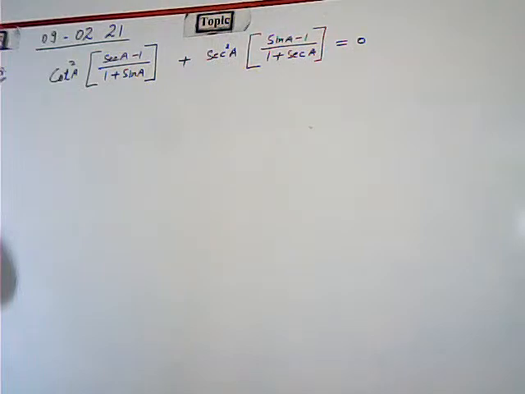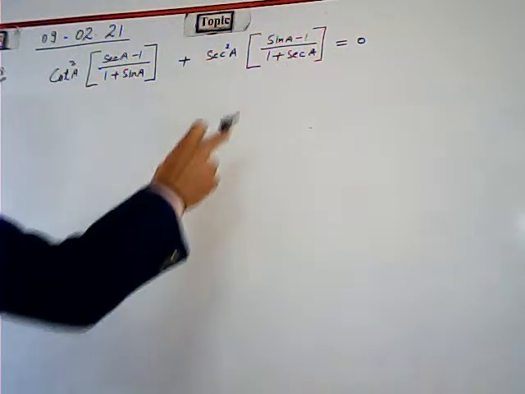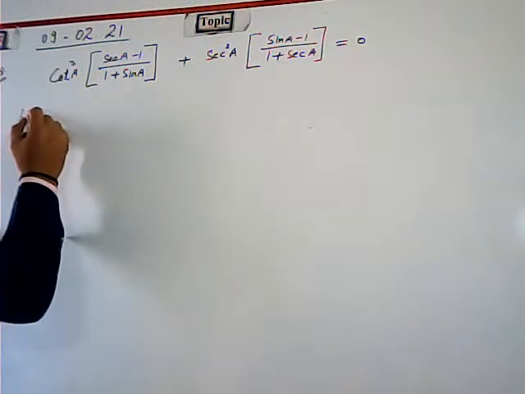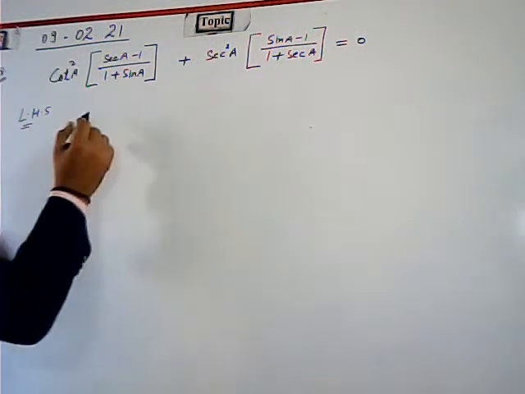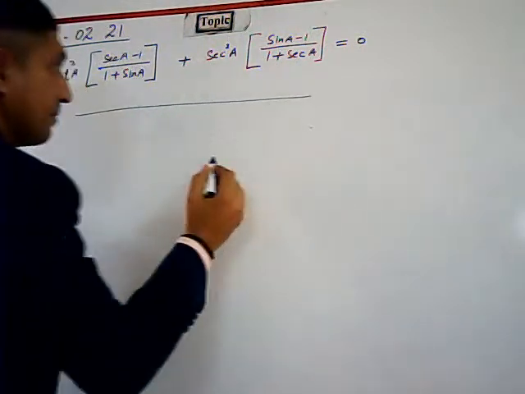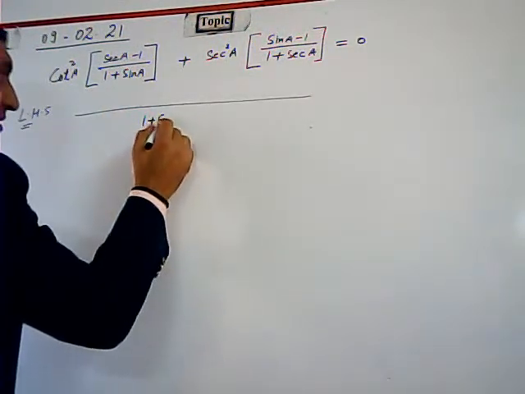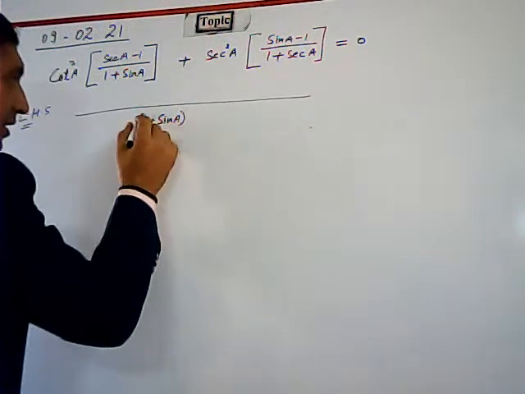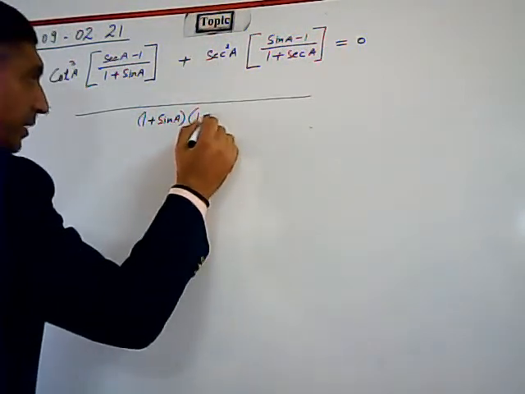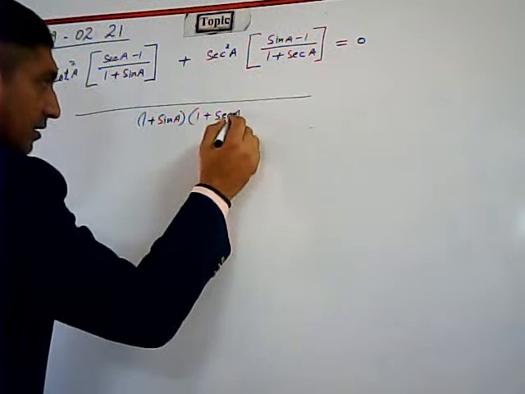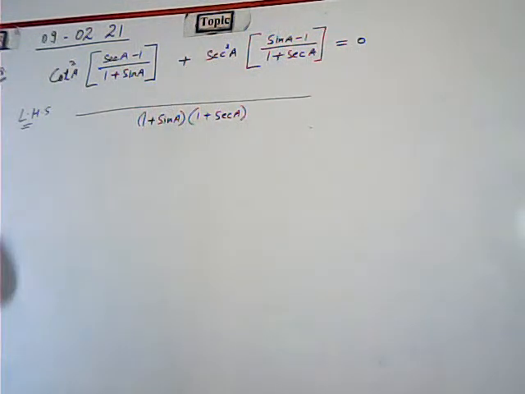Okay, so we can prove here, one is sine and one is secant. So taking the left hand side, what can we take? We can take the LCM. LCM here is 1 plus sine A into 1 plus secant A, right? So when we open the bracket, right?